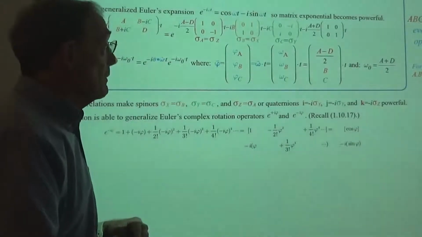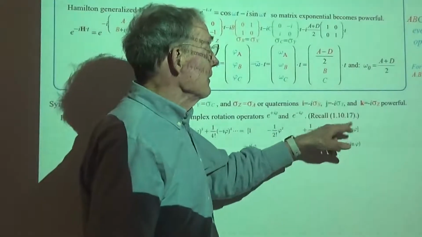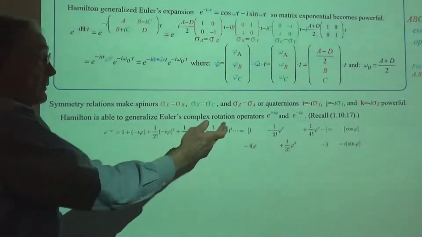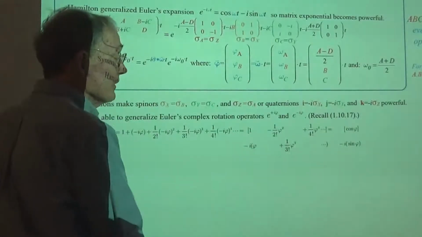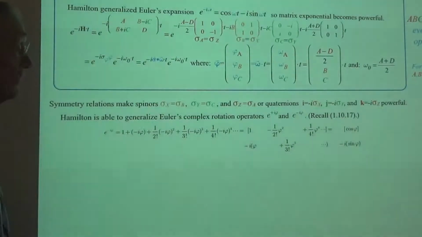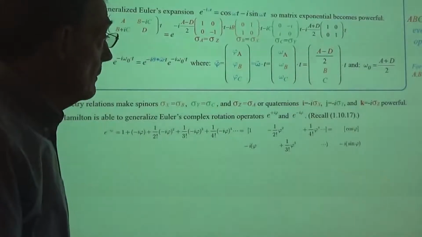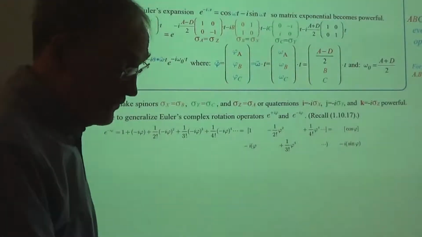So this again was something we talked about in chapter 10, that the complex exponential rotates things. Well, it does it here too, except it rotates in 3 dimensions. That's the important difference, and a very, very powerful difference indeed.